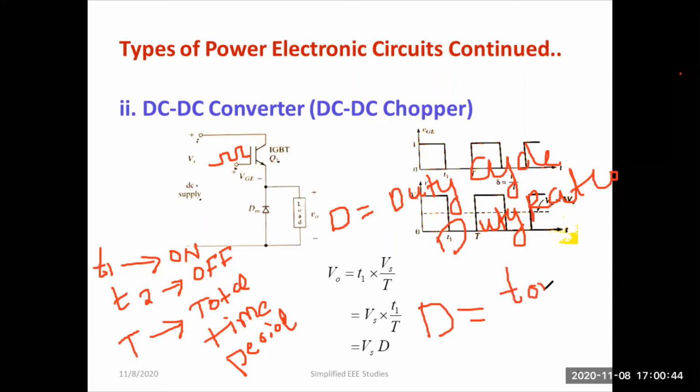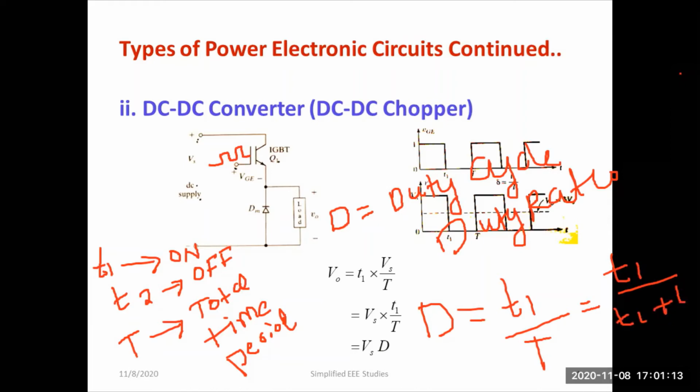Okay. So duty cycle can be written as T on divided by total time. T on means T1, the on period, and total time period means T. Or else you can write T1 divided by T1 plus T2.